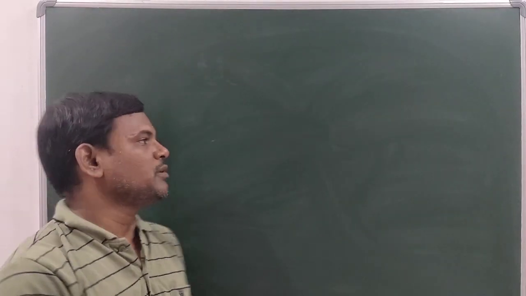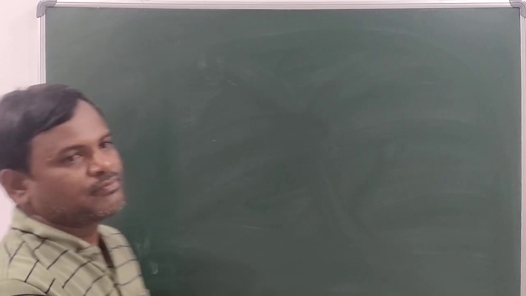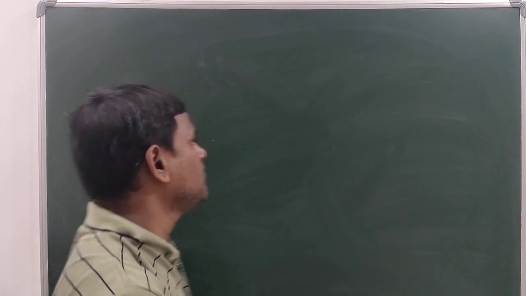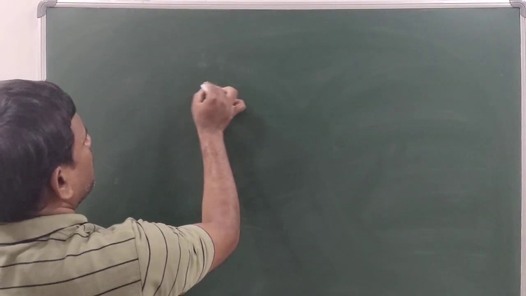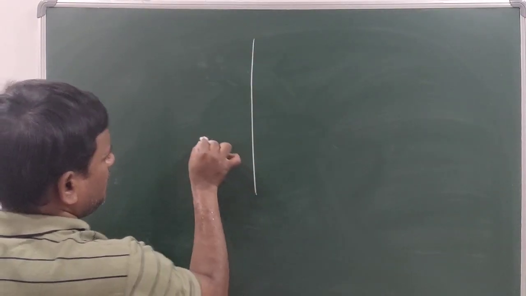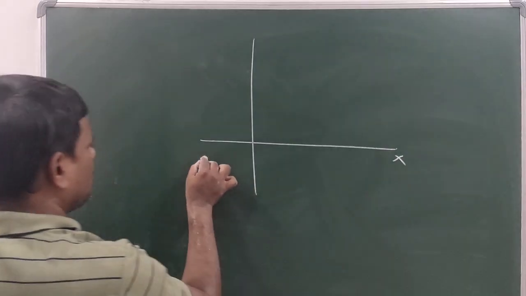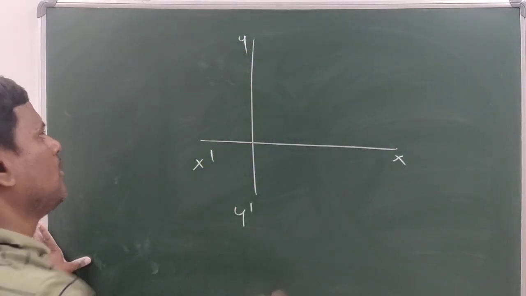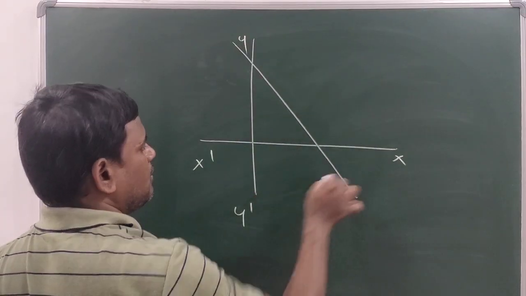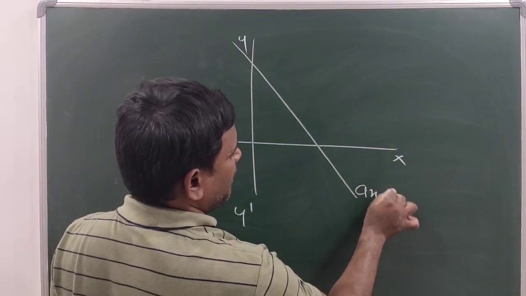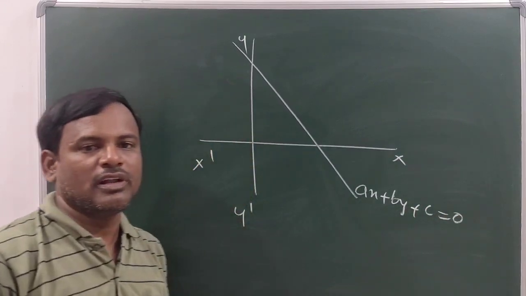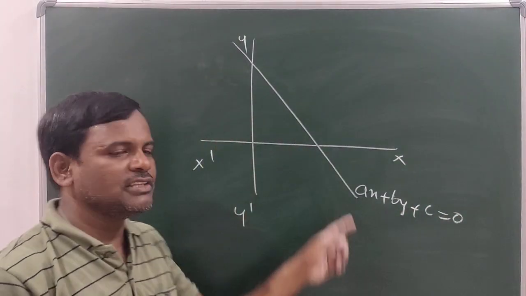See, one question. Find the equation of a circle. A line ax plus by plus c equal to 0 is moving on the plane like this.